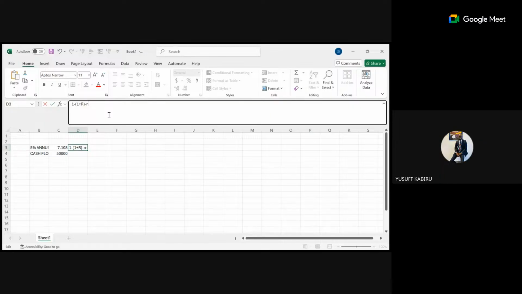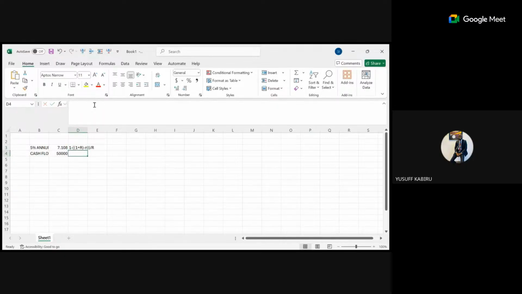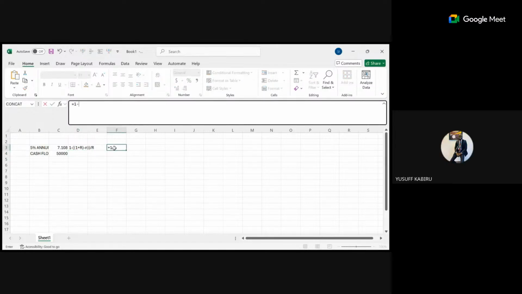Okay, this is what I will do. All of this will be in another larger bracket, then over R. I think it's good like this. So let's apply it directly and see whether we get this 7.108. So we now have 1 minus, into brackets, 1 plus what's our R? 5%, Abby? 0.05.